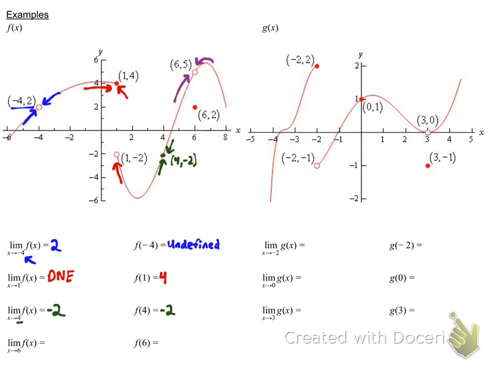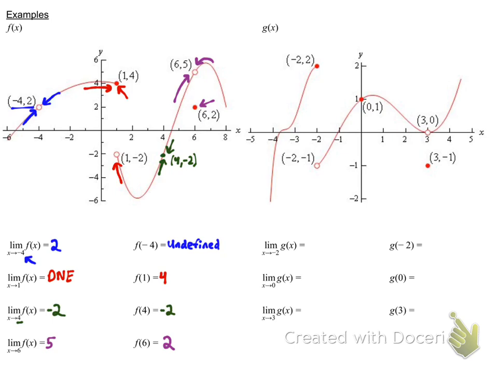Lastly, notice from the left and the right, as x approaches 6, the limit is always getting closer to the y value 5. So we're going to put a 5 there. However, the function at that point does exist because there's a filled in point down here. It's like a jump just at that one point. So f of 6 is actually equal to 2. So notice one other thing with these last two.